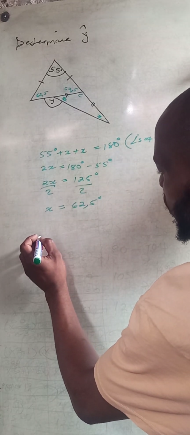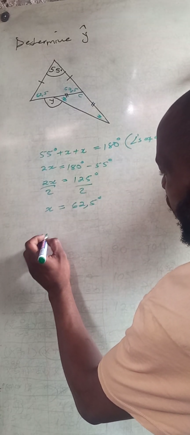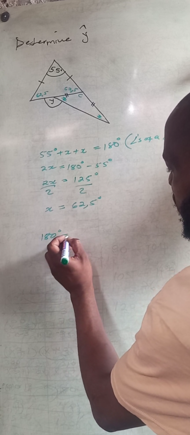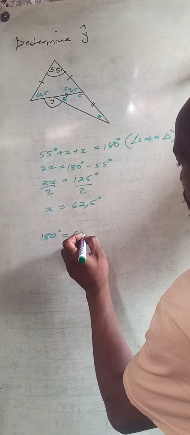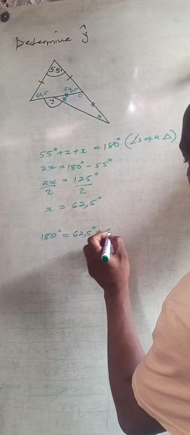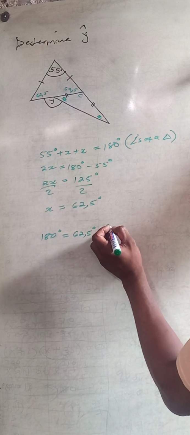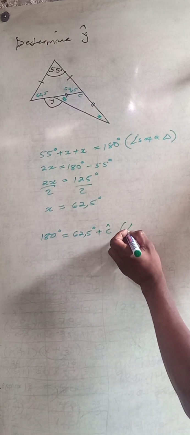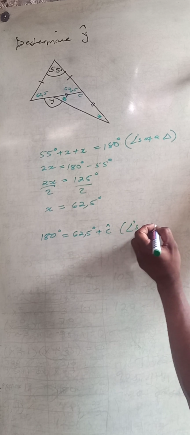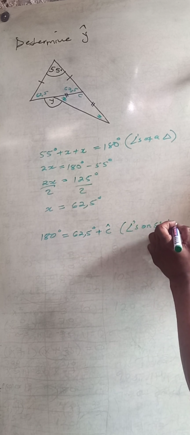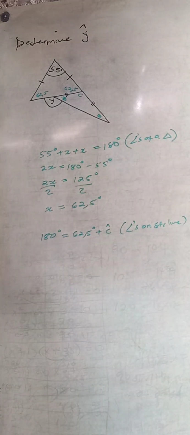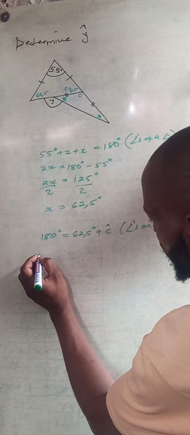So 180 degrees is equal to 62.5 degrees plus angle C. What is the reason? Angles on a straight line add up to 180 degrees.